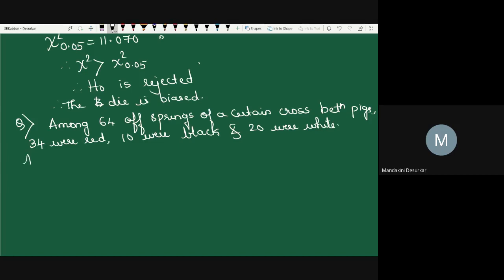According to a genetic model, these numbers showed to be in proportion.